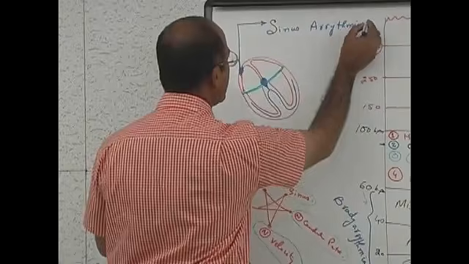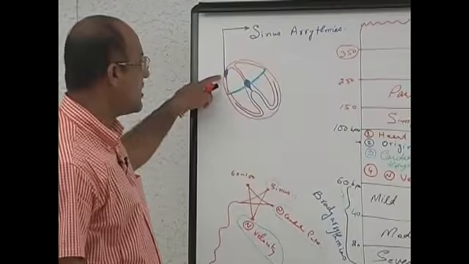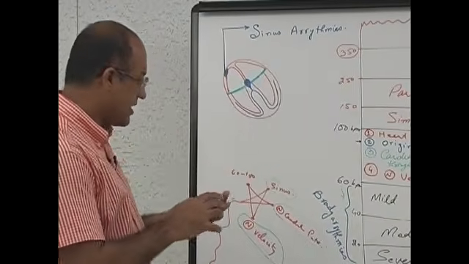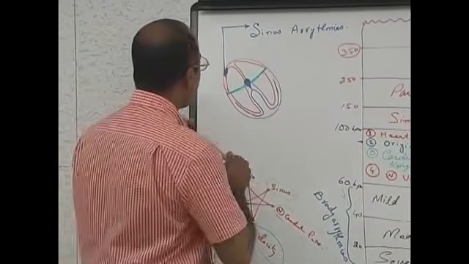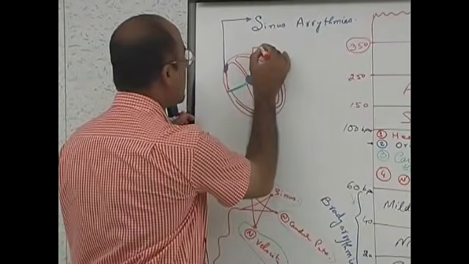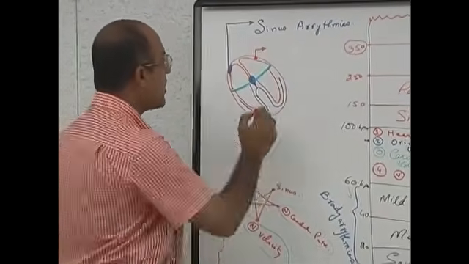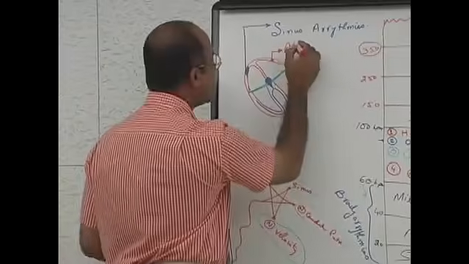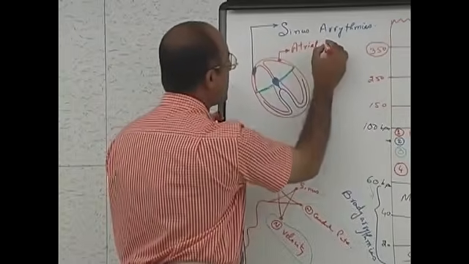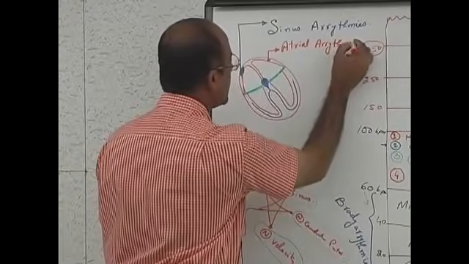Sinus arrhythmias mean the abnormal rhythm is due to some problem within the SA node, right? Then abnormal rhythms due to abnormal activity within the atrial myocardial tissue are called atrial arrhythmias.